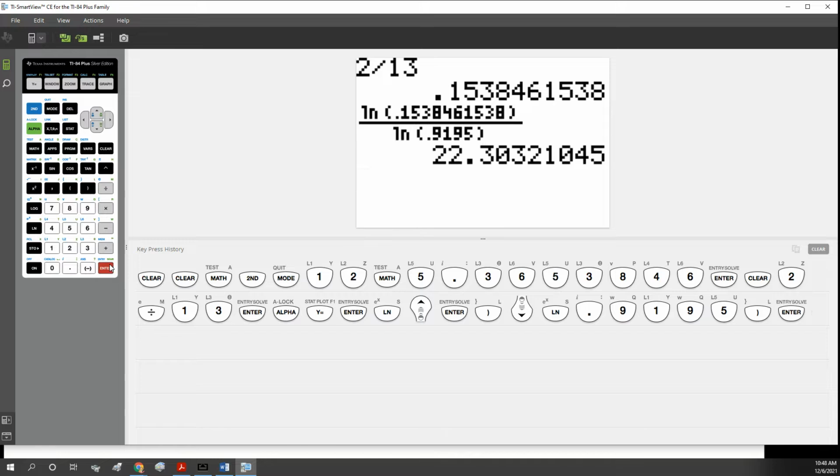Okay, so that means your doctor's appointment only has to last 22.3 minutes. So you probably will wait longer than that just for your test. The natural log is right beside 4. Yes, ma'am.